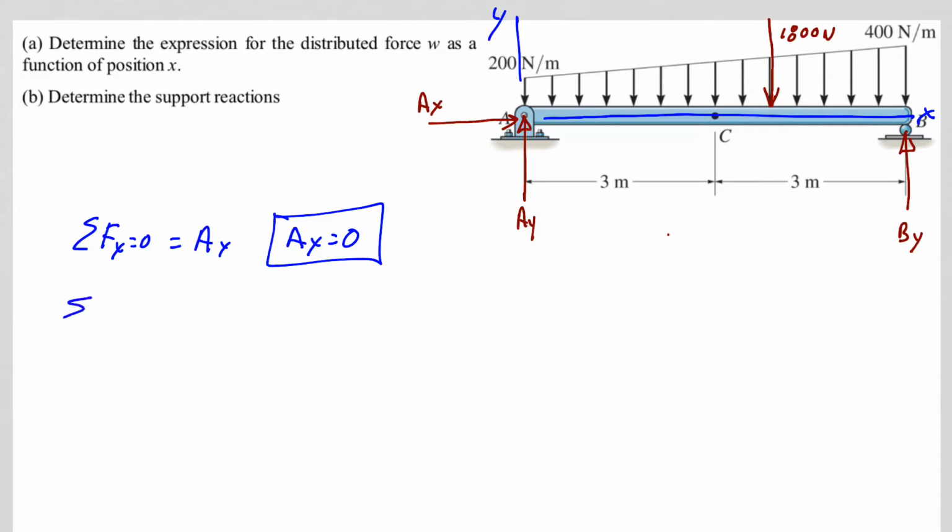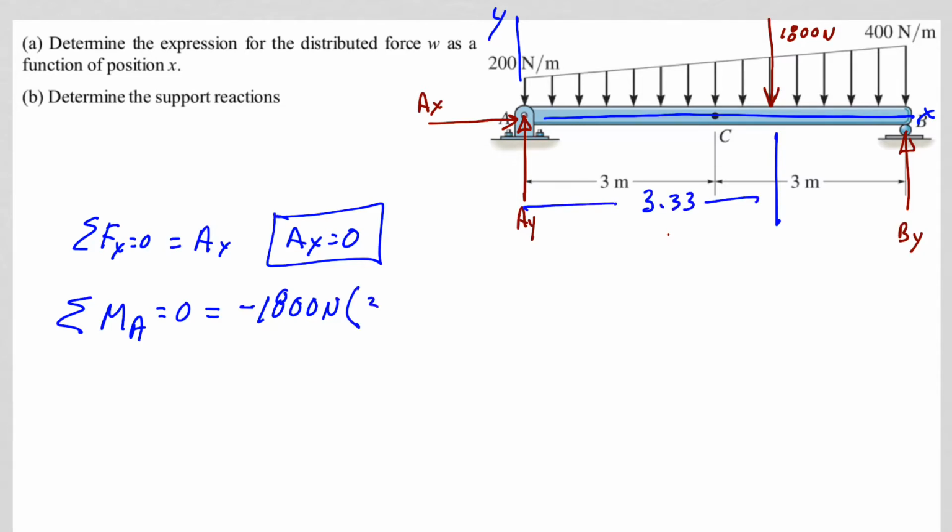The next step is to solve for either Ay or By. The best way to do that is to take moments about either A or B. I typically like to take it where my pin is. It's not necessary that it's there. It could be at either end, but that is what I'm going to do. So the summation of the moments must equal 0. I have my 1,800 newtons that I just calculated times its moment arm of 3.33 meters.